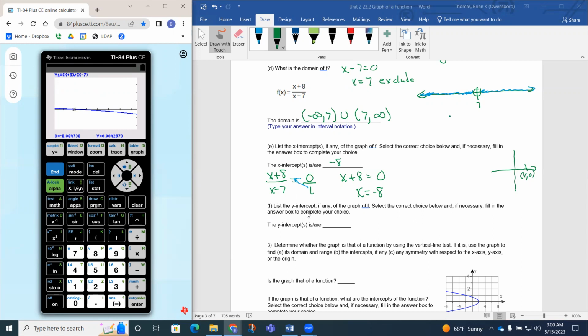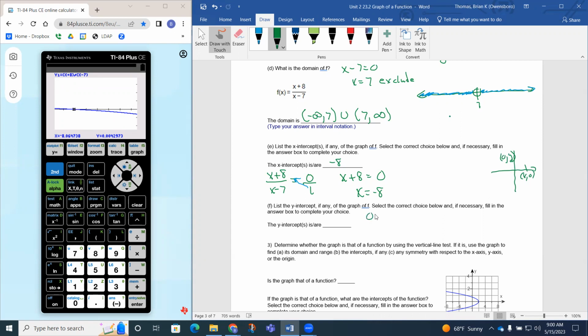So looking at part F, it says list the y-intercept, if any, of the function. If we're talking about a y-intercept, it's where it crosses the y-axis. If you're on the y-axis, the x value is 0, and there is y movement. So to find a y-intercept, you're setting x equal to 0.